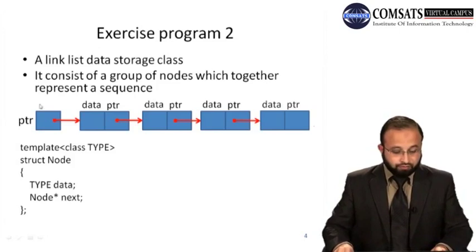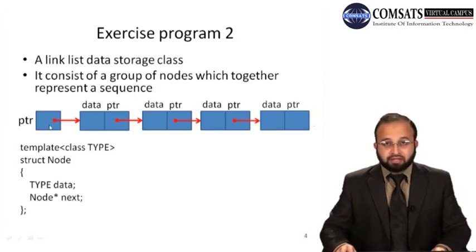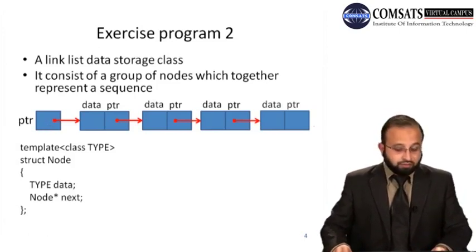So what we can do, if we want to print the data present in the list, we start with the first pointer here. We can start from this point and then move forward because we have the address of the first node here.